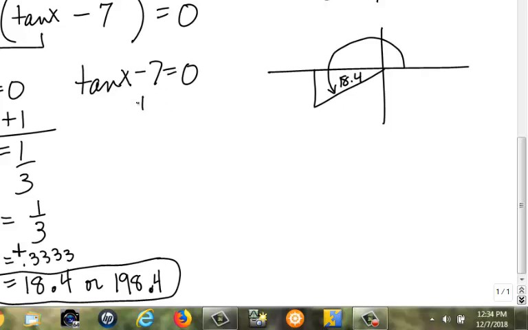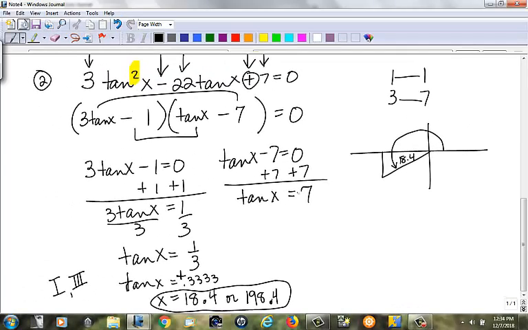Okay, then add 7. We get tangent of x equals 7. Same thing, it's positive in 2 quadrants, so we need 1 and 3. On this one, put in 7, and then inverse tangent of that answer. I get 81.9. That takes care of quadrant 1.